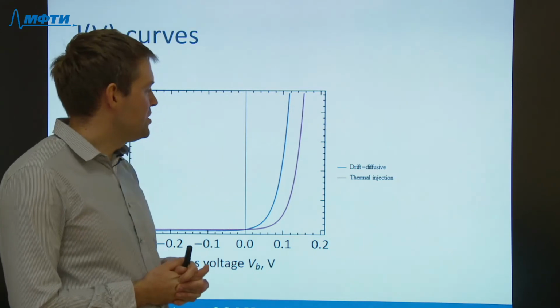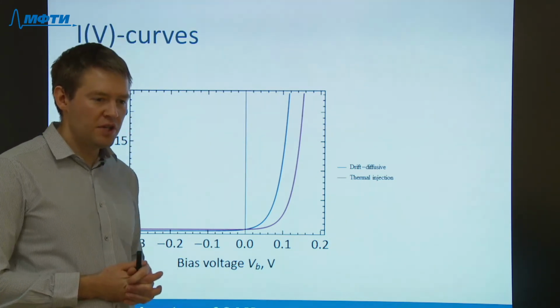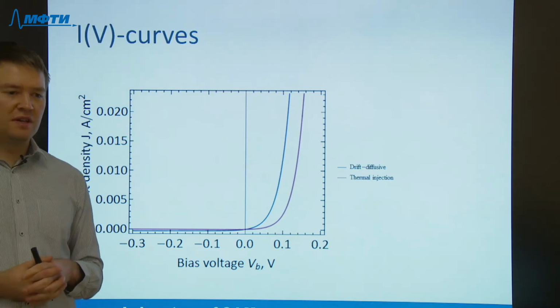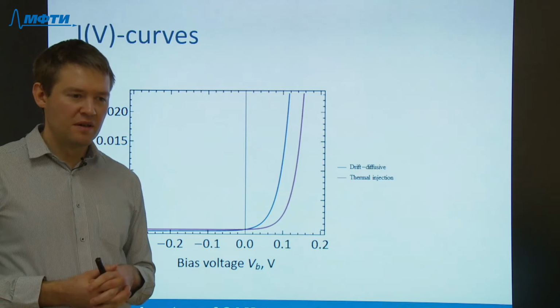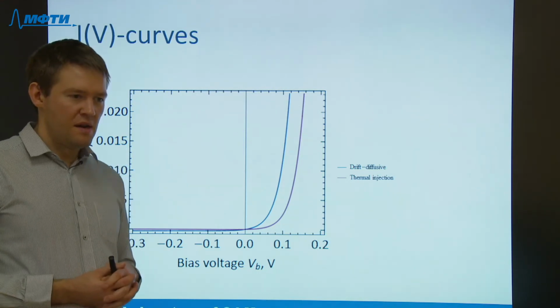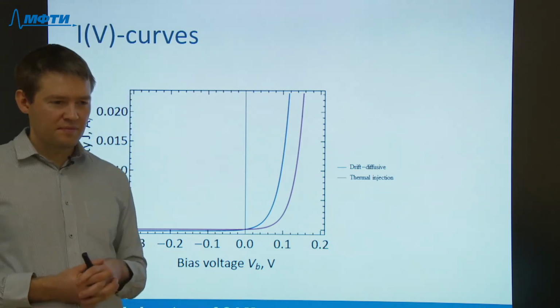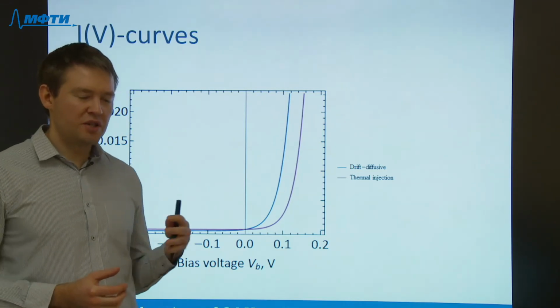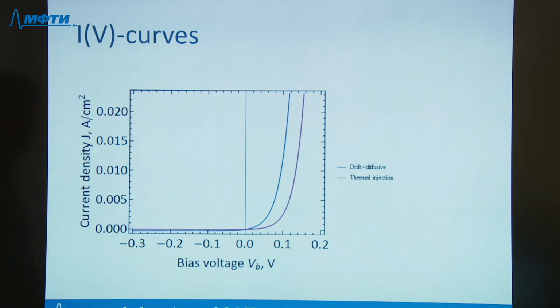So in which situations should we use the drift diffusive model, and in which situations should we use the ballistic model? There are two different answers to this question.